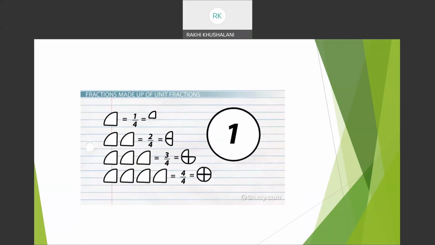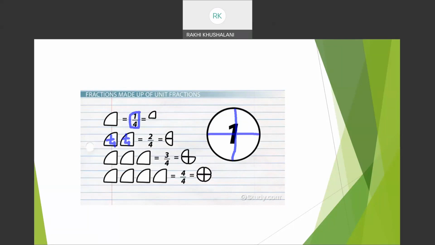I have a circle, one big circle, which is divided into 4 equal parts. Right now I'm talking about one part, that is a unit part of that circle. Then I took 1 by 4 and again I took 1 by 4. That means I took 2 by 4, right? Then I took 3 parts.